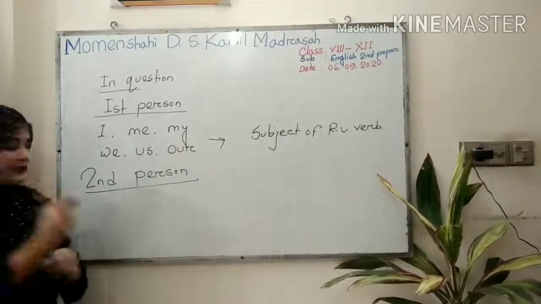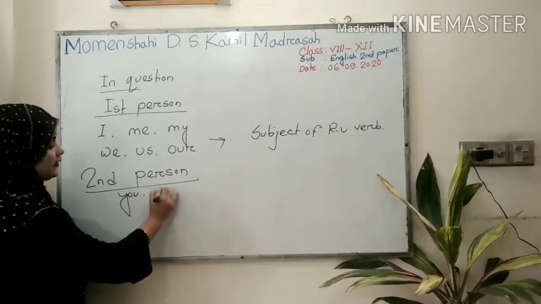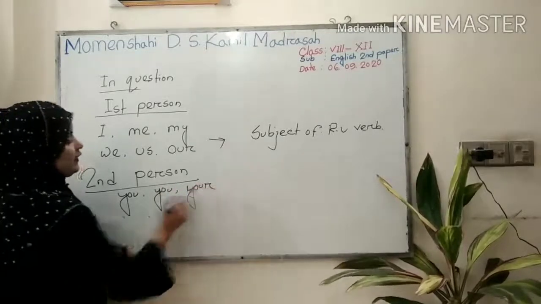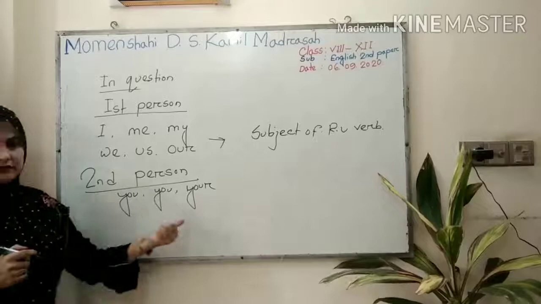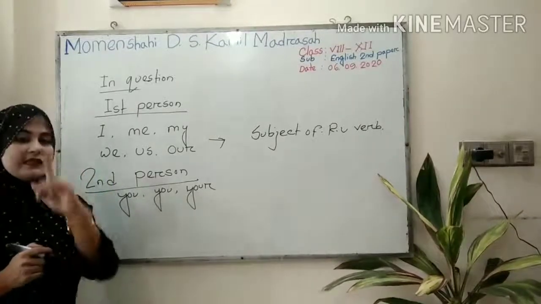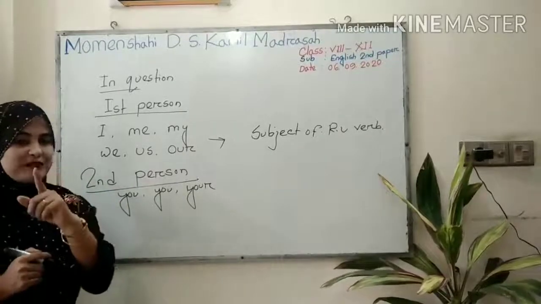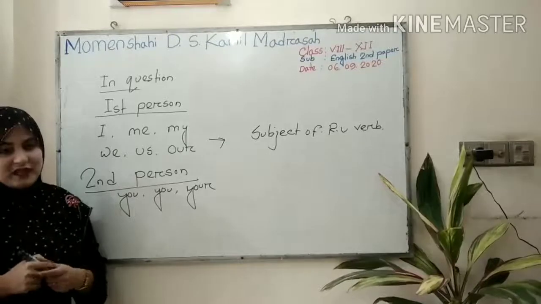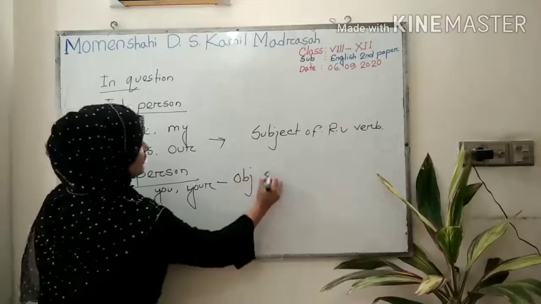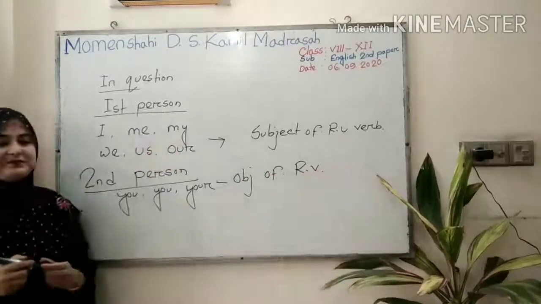Second person, that is you, and also the object you, and the possessive form your, that is second person. And you must change the second person based on the object of the reporting verb.